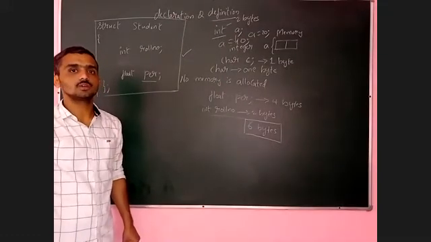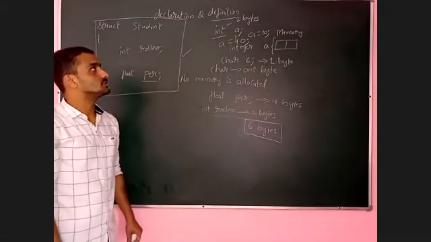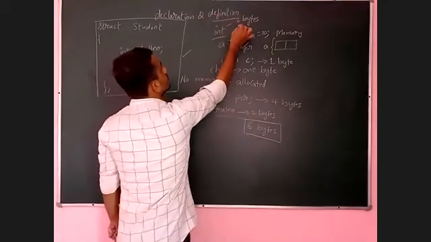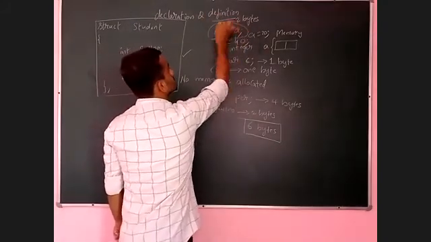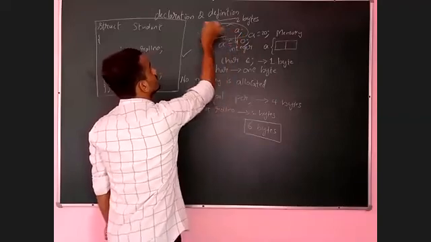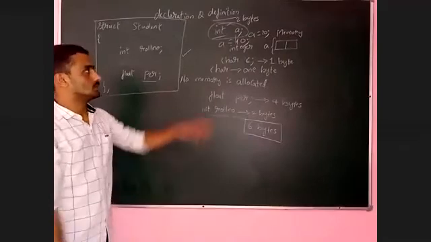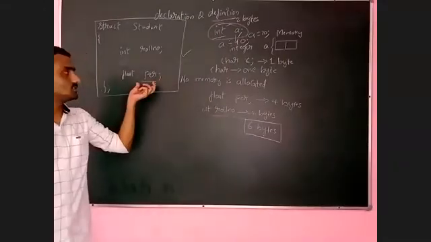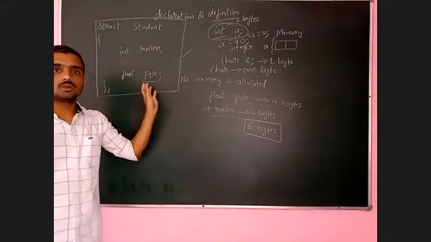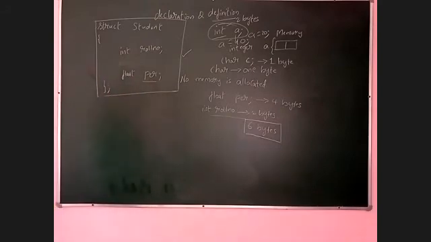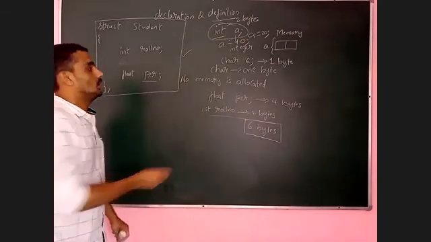In case of declaration, we are not getting memory. But in some cases, you can use two words for one statement also, that is, this statement is called declaration plus definition, both. Let us not worry about that. But once these statements are executed, we will not get any memory. So no memory is allocated.